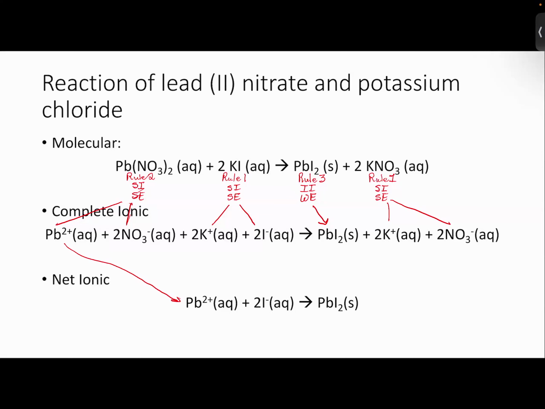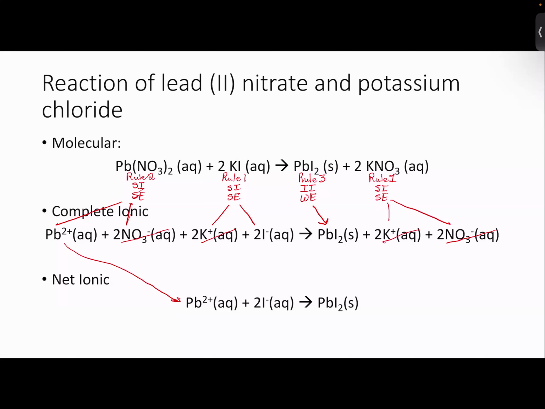Do we have 2 nitrate aqueous on the product side? Yes. Therefore, nitrate is a spectator ion. On the reactant side, we have 2 potassium ion aqueous. Do we have 2 potassium ion aqueous on the product side? Yes. Therefore, potassium is an example of a spectator ion.